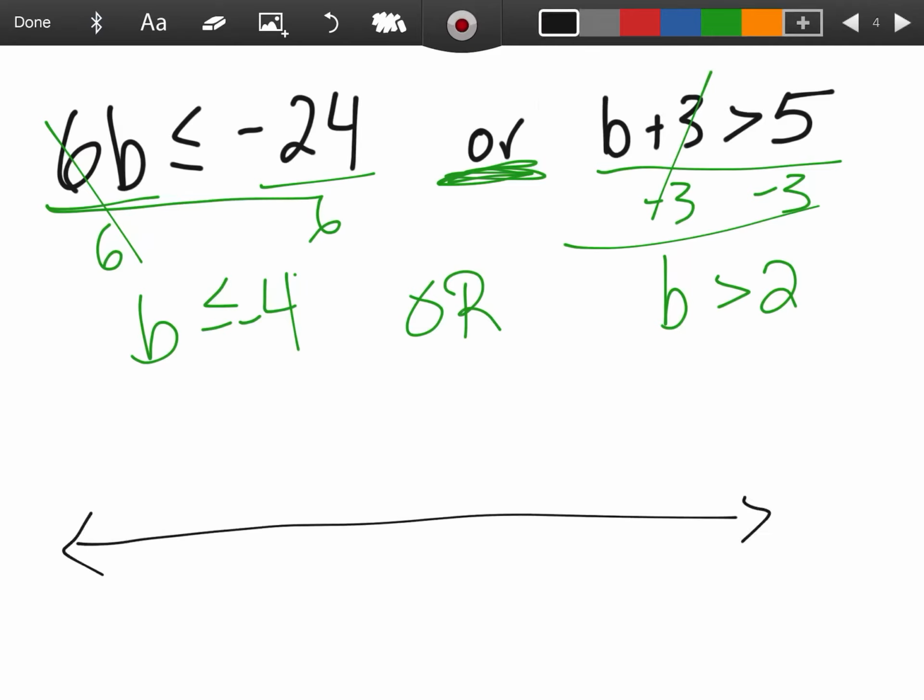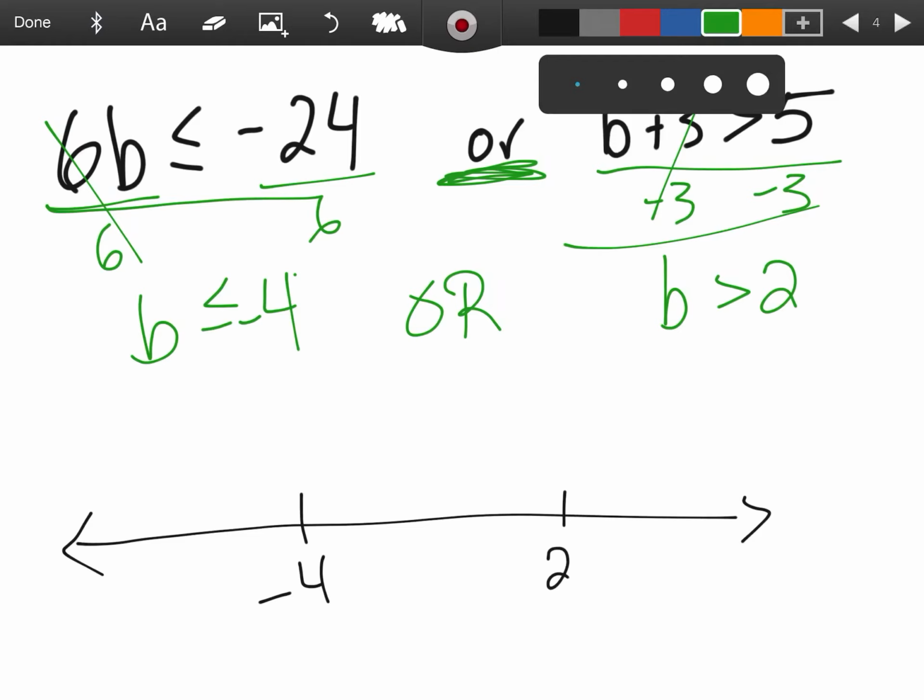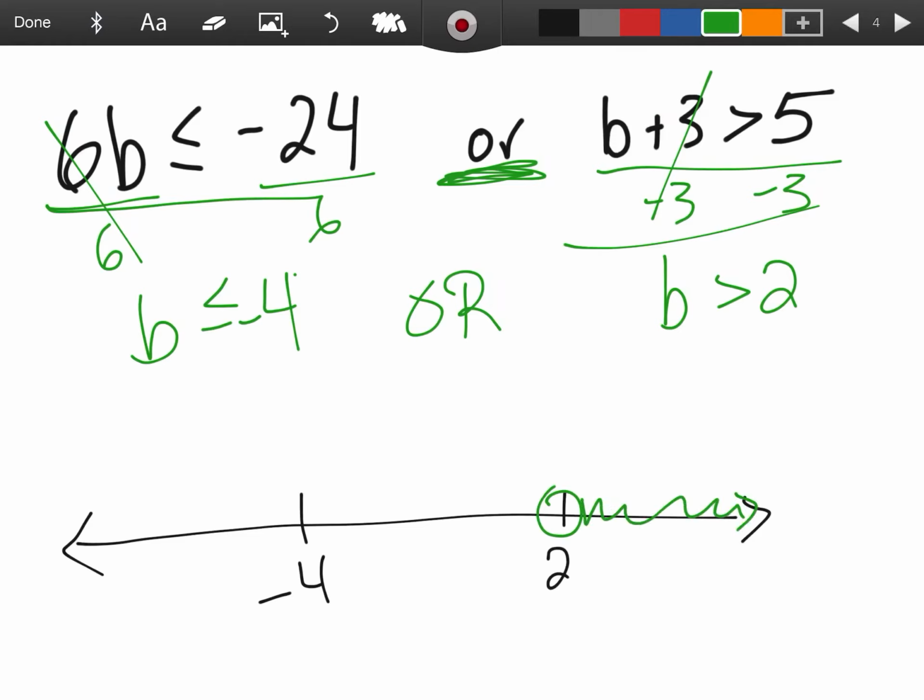Let's throw each of those on the number line. -4, 2. Well, greater than 2 is just going to be an open circle and to the right. And then for b is less than or equal to -4, it's a filled in circle and everything to the left. And again, both of these are solutions.